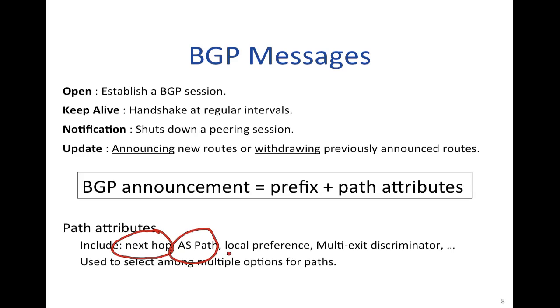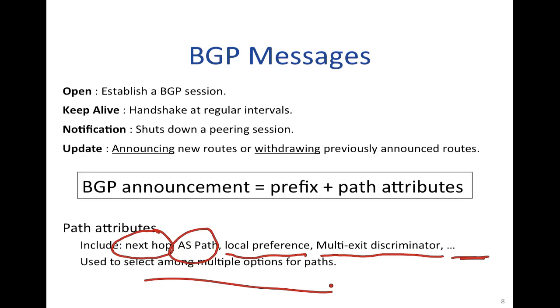And then various other things, the local preference and the multi-exit discriminator, and there are various other parameters that are passed as well that tell us information that would allow us to pick the particular path when we receive multiple advertisements from different peers. So these are used to select amongst multiple options for paths, because we may hear from multiple peers on how to reach a particular destination prefix.